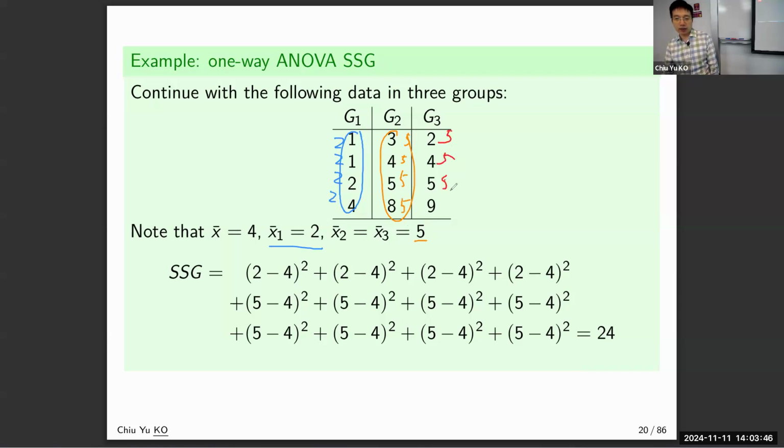Once we replace it, you do the same operation as we just did. Subtract 2 from 4, subtract 2 from 4, subtract 2 from 4, and so on and so forth. And 5 by 4, and do the same, 24. That's how we do across group.